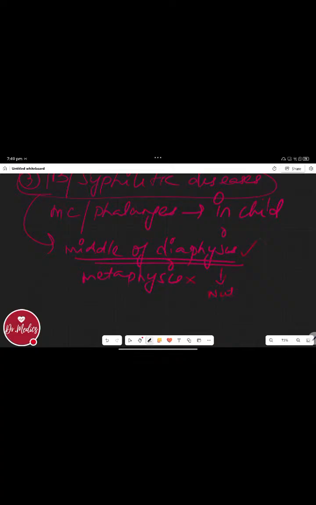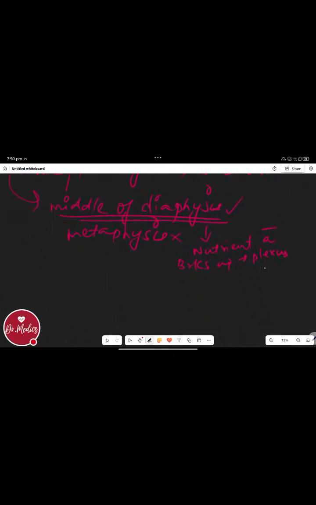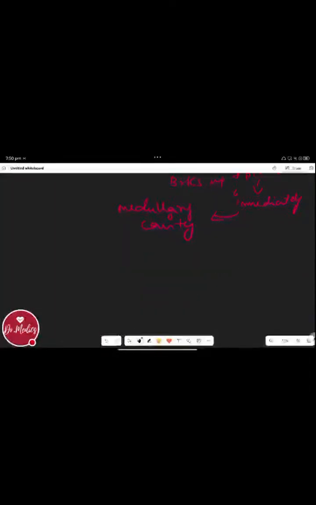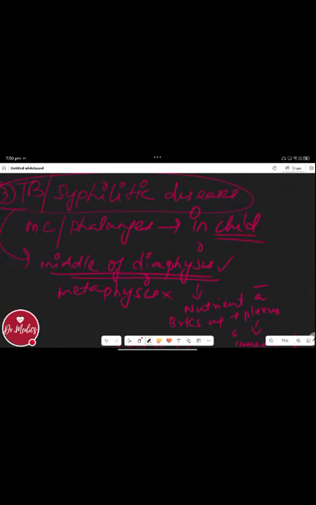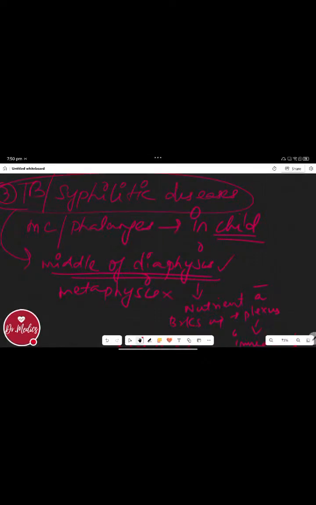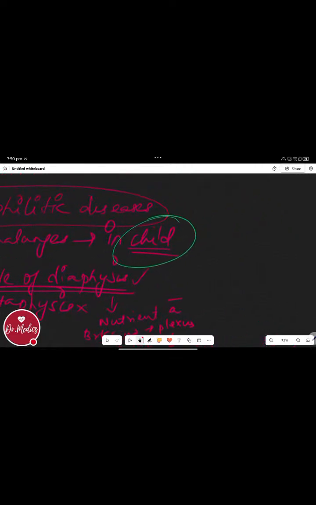Why is it very common in children, not in adults? Anyone?